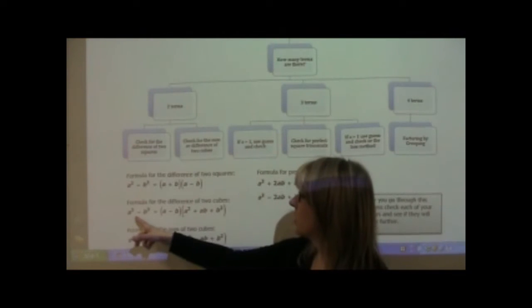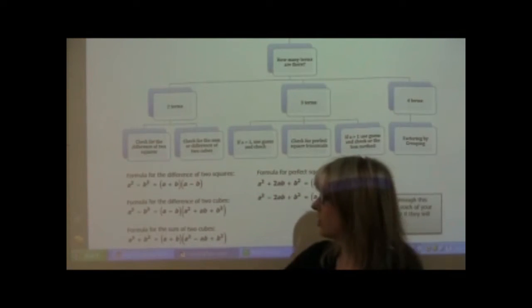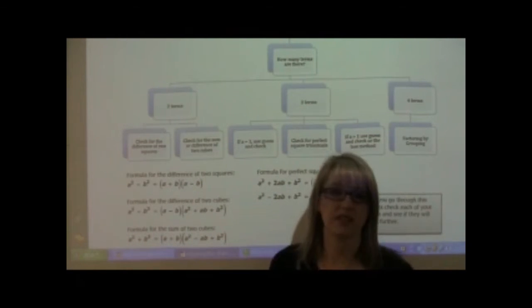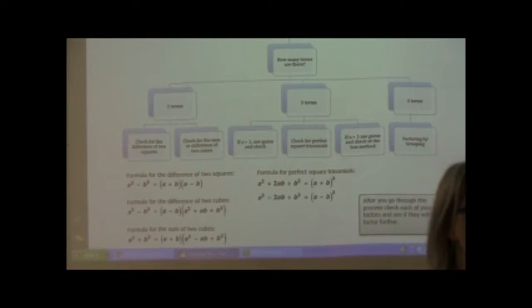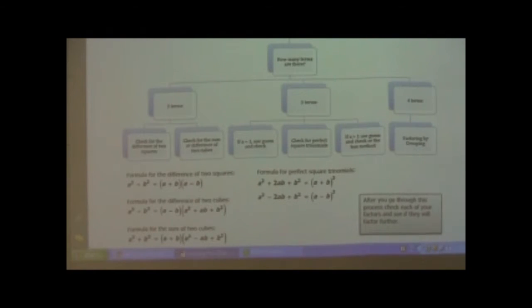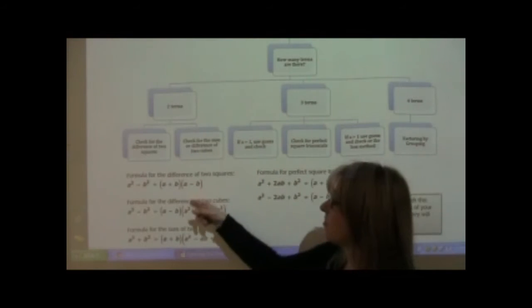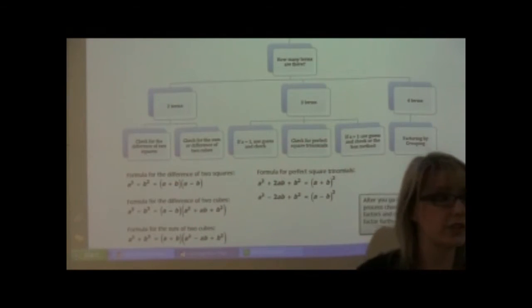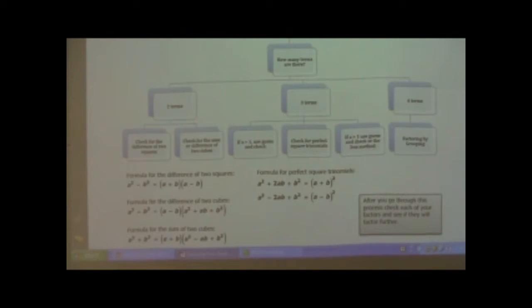That means something cubed minus something cubed or something cubed plus something cubed. Those are the formulas that you're going to look to use if you have 2 terms. It may be that your polynomial with 2 terms does not factor further. That's okay. But you want to look for these patterns in case one of those 3 patterns does apply.